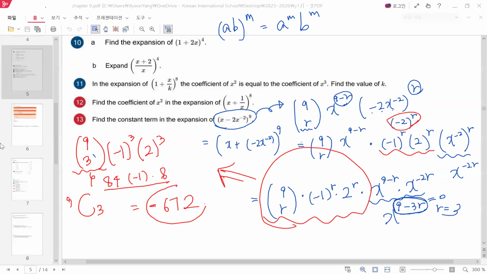Okay, students, you know what? From question number 13, I am going to change this question. Find the coefficient of x cubed, students. Please find the coefficient of x cubed from question number 13.